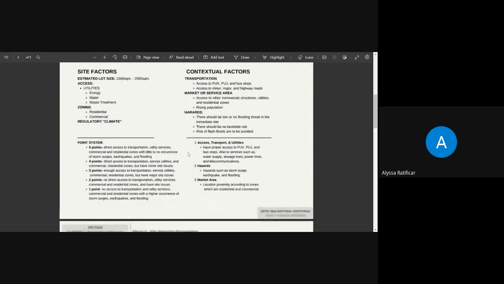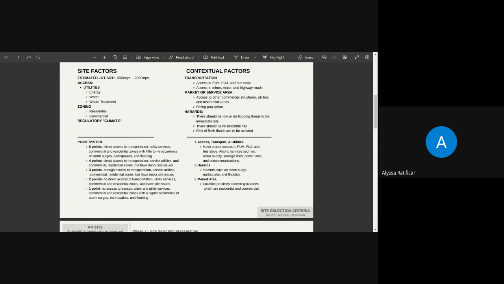We have a 5-point system. For 5 points, our site should have direct access to transportation, utility services, and commercial and residential zones, with little to no occurrence of storm surges, earthquakes, and flooding. For 4 points, it should have direct access to transportation, utilities, and commercial and residential zones, but with minor site issues.